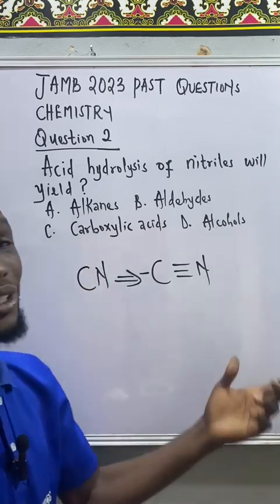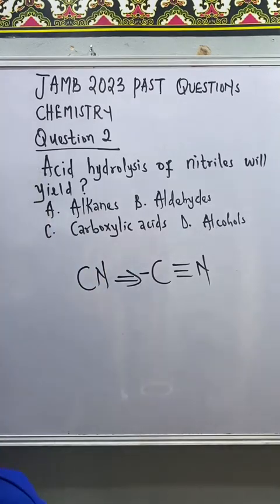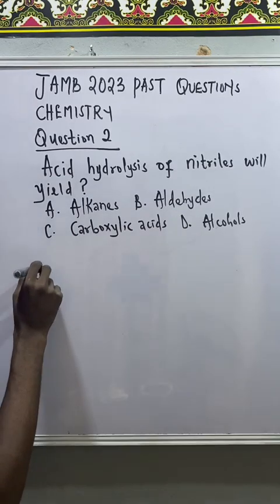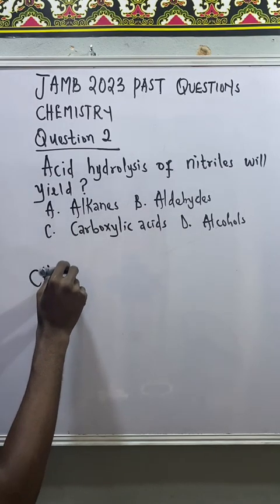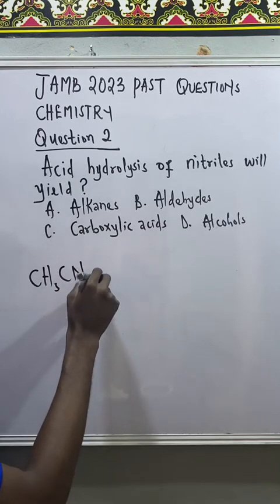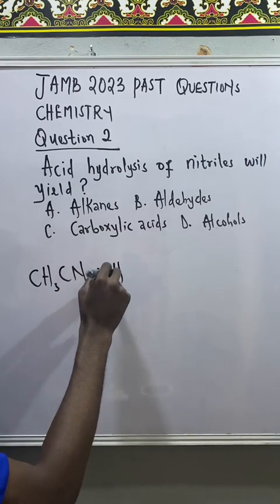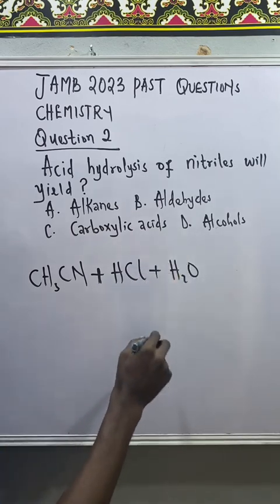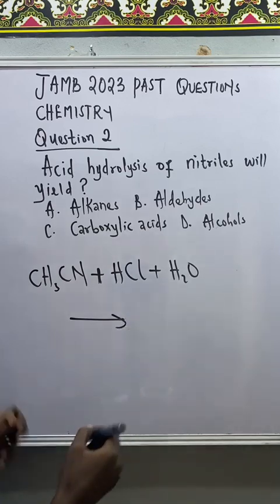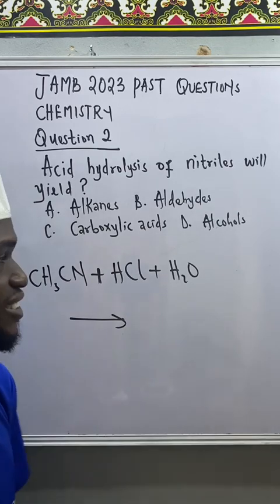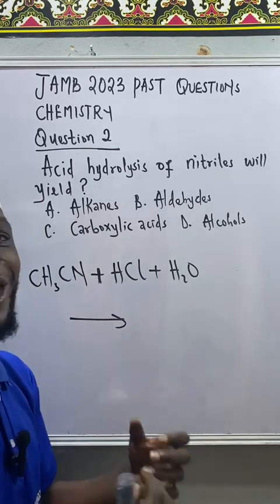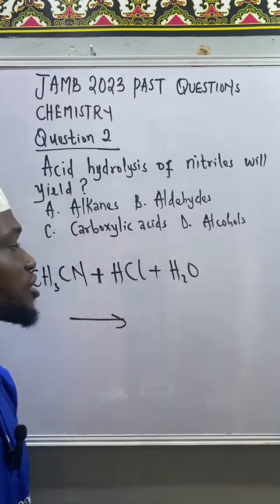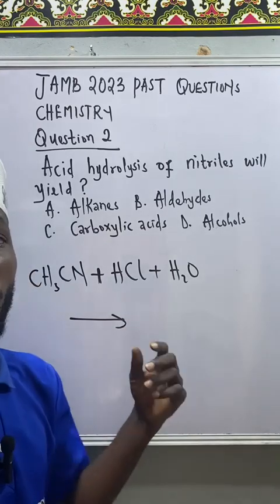For instance, if we combine methyl cyanide, CH3CN, with hydrochloric acid and water, H2O, this will lead to the production of ethanoic acid. And the byproduct is going to be ammonium chloride.